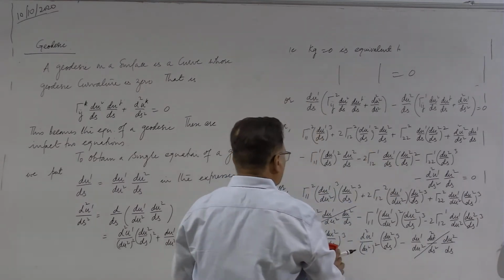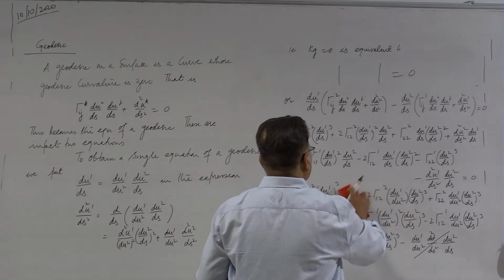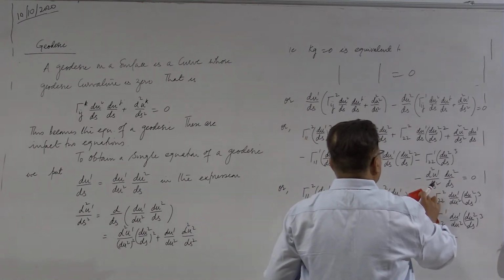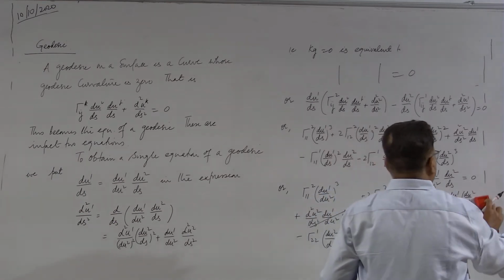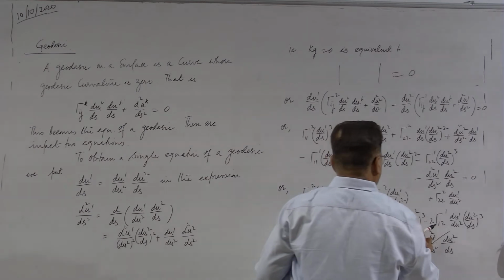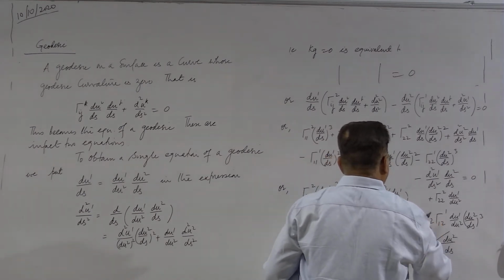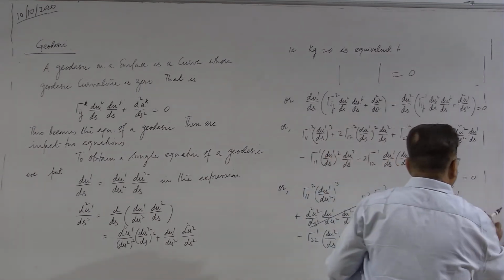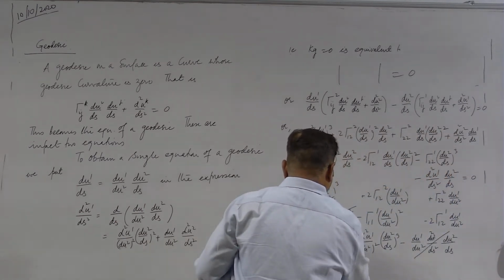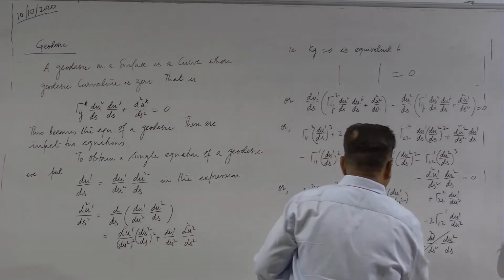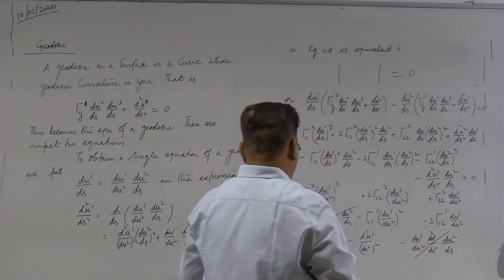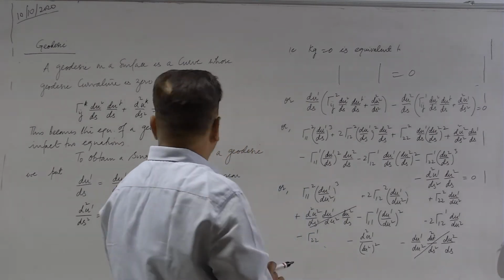So, we can remove (du2/ds) whole cube from here. From here you take it common, the right side is 0. So, you forget about it. So, du2/ds is everywhere. Okay, so, that is good.